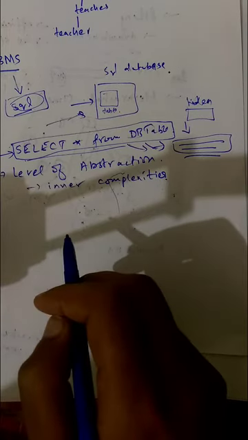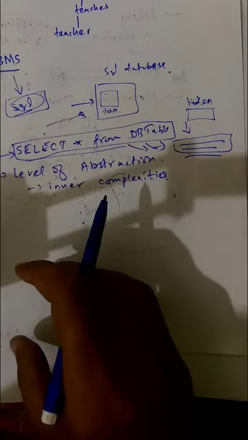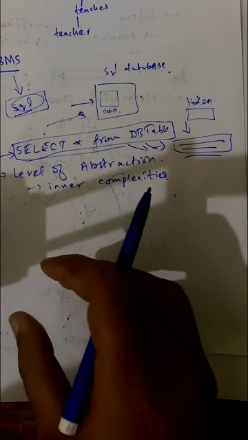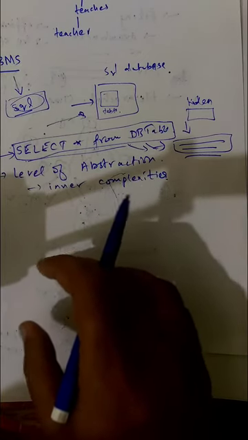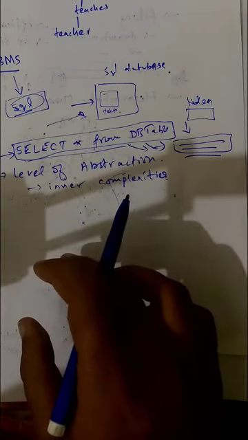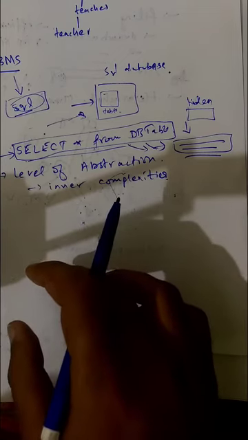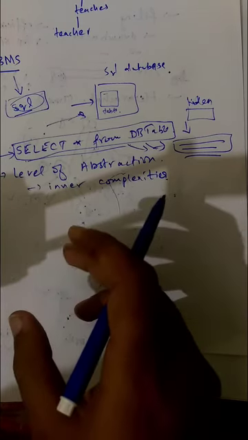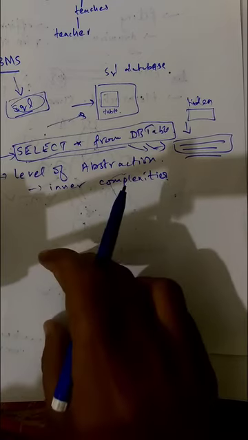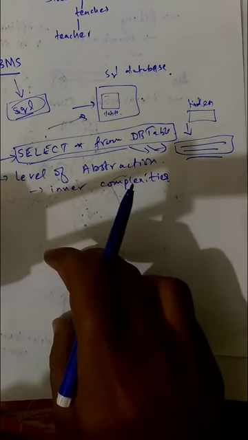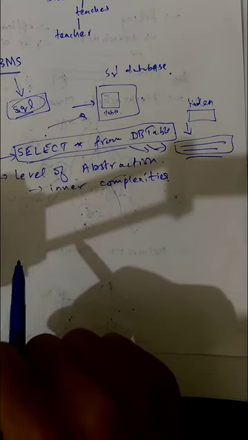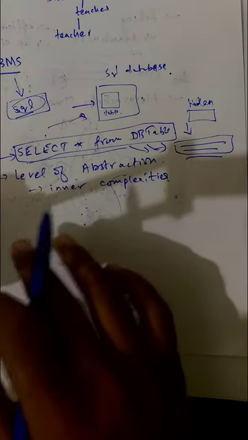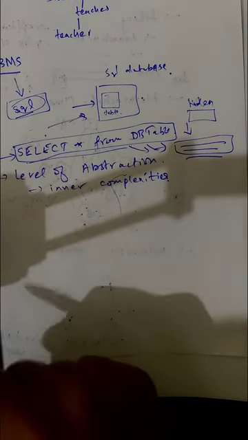So that code is hidden from the end user. He doesn't know that there is code written behind it that gets executed on clicking a button on the layout. We are hiding that complexity from the user.